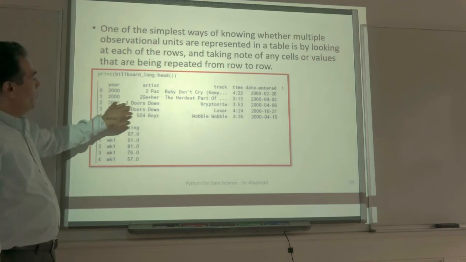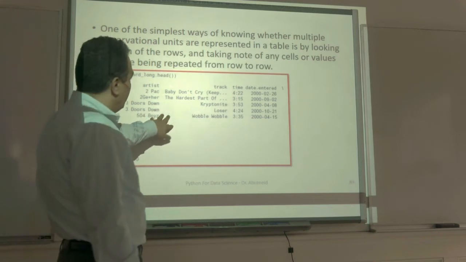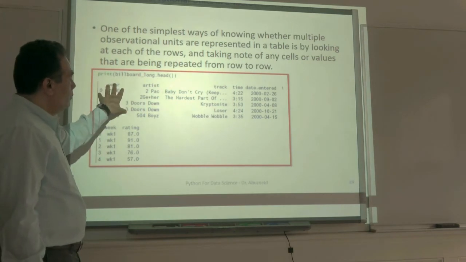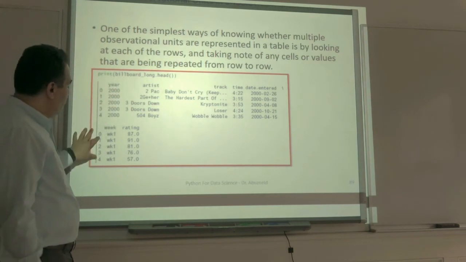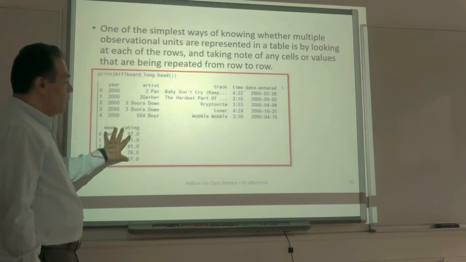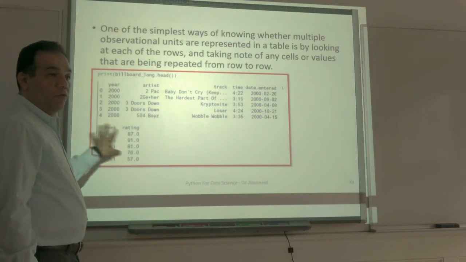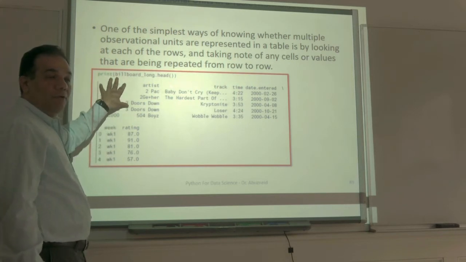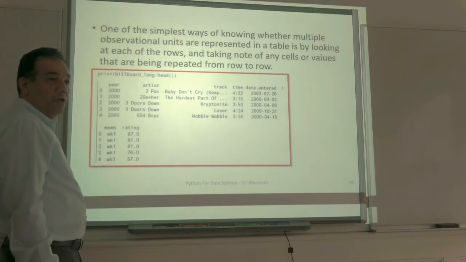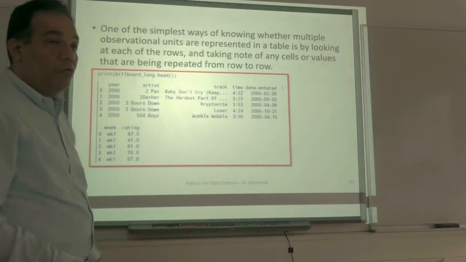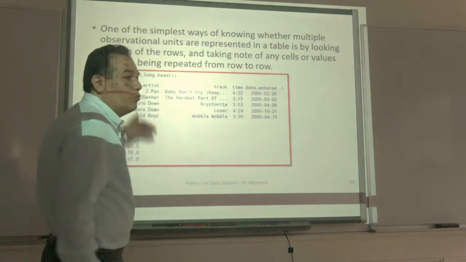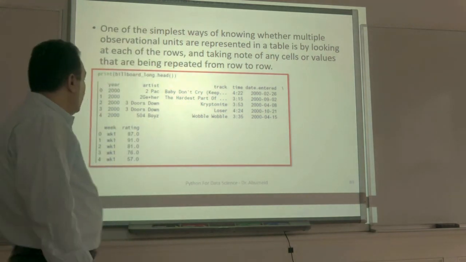You will have the year, the artist, the track, the time in one table, and the date maybe. This will be the information about the track, and another table should be about the rating for each week. So you could divide it into two data frames, and you could join them when you need to access them. Otherwise, you will see a lot of repeated data.